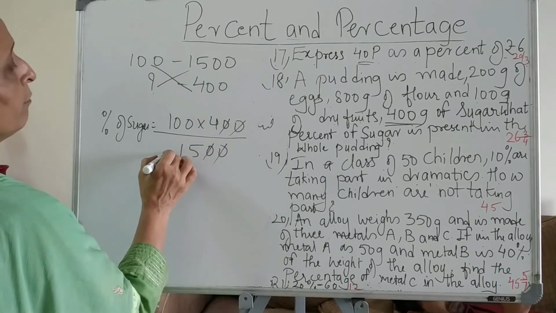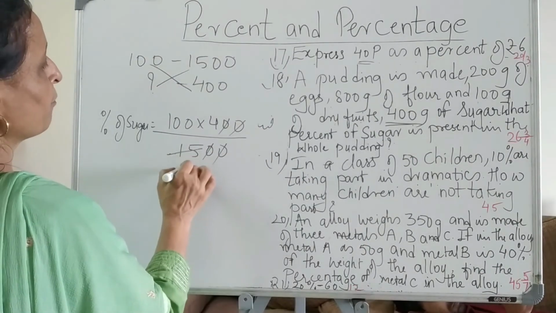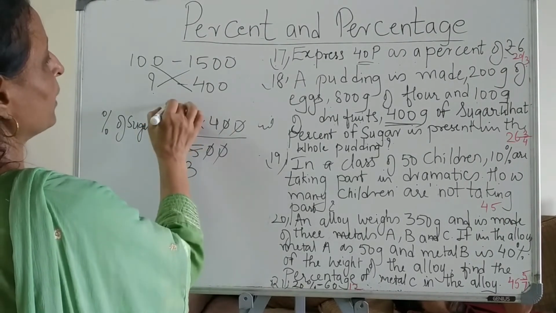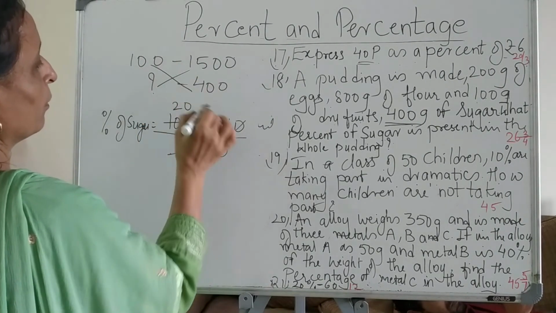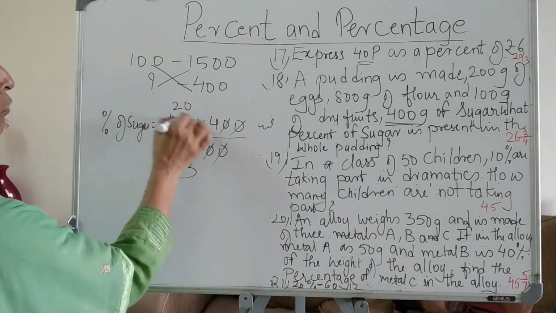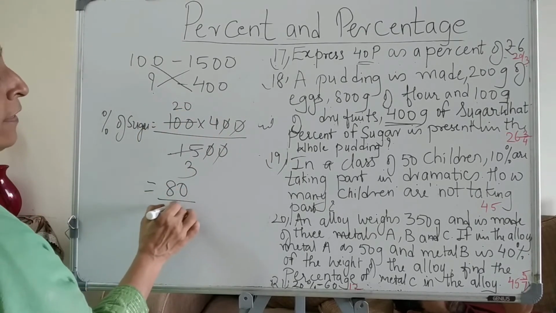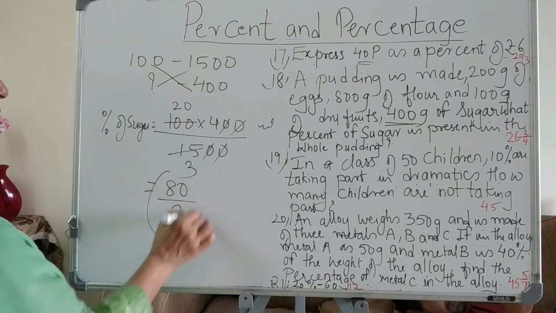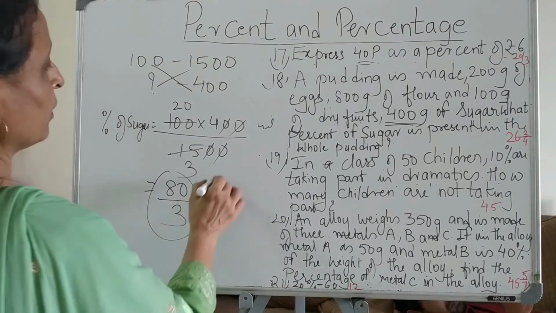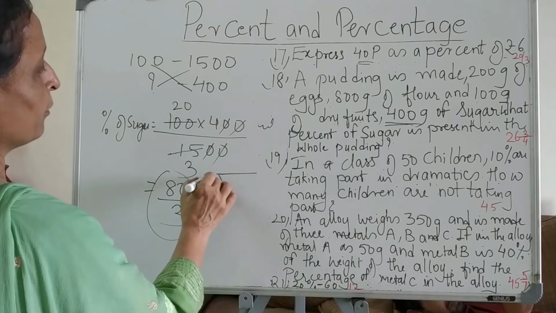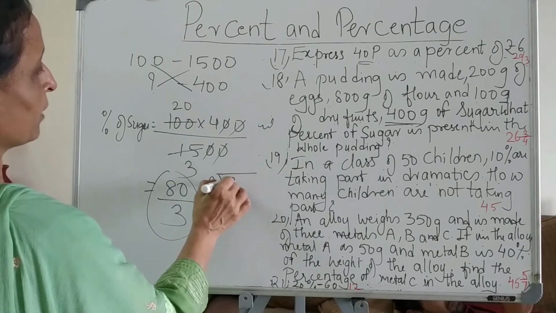Now 5 3s are 15, 5 20s are 100. Now what you are getting is 2 into 4, that is 8, so 80 by 3. This is the ratio which you are getting. You can divide further to get the mixed fraction.